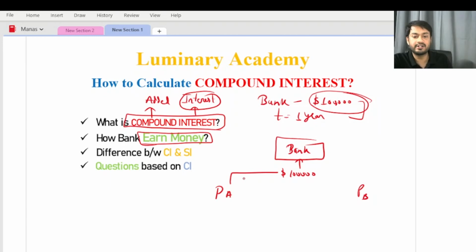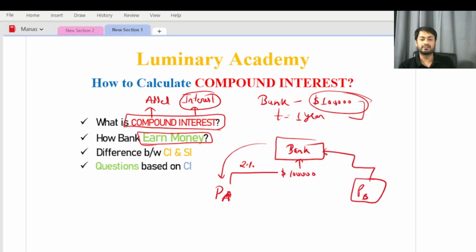Now suppose the bank gives interest on this money at 2% to person A as compensation, because the bank is now using the money of person A for whatever period of time person A wants to deposit. Person B wants some money to buy some land, let's say, or any building or something. So he will approach the bank.